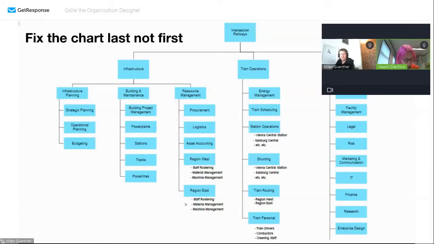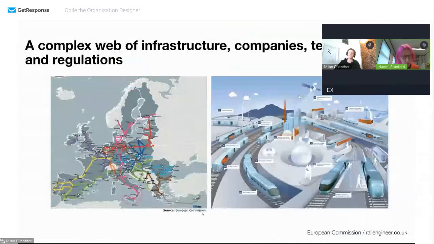Moving on, a railway company and the Sleeper app, which is the one we're going to concentrate on, is operating in a hugely complex web of infrastructures, other companies, competing technologies or technologies which are not interoperable, and different regulations through various countries.